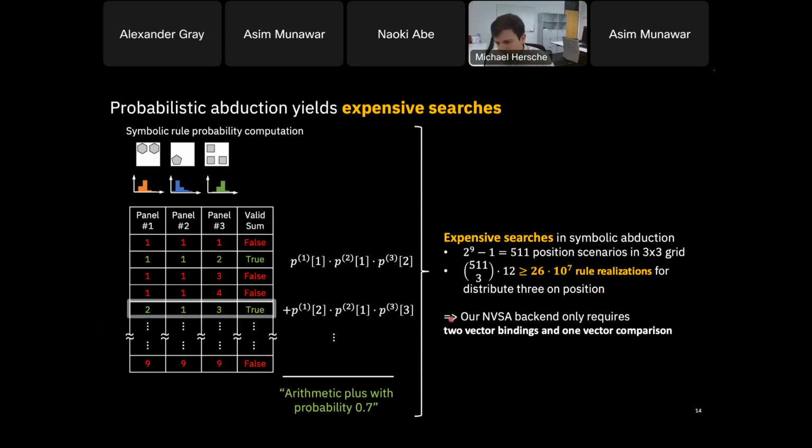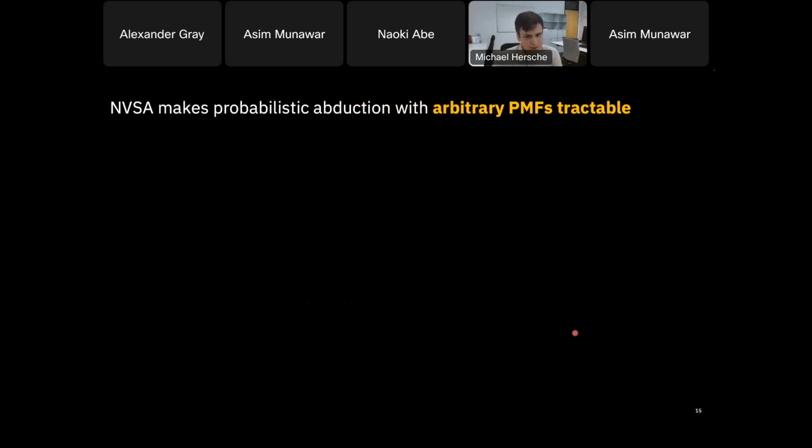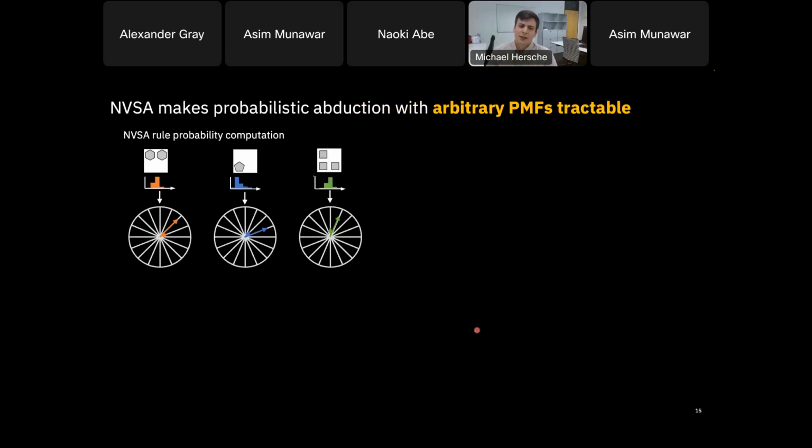With our NVSA backend, we can do the same computation by just doing two vector bindings and one vector comparison. And that's what I'm showing in the next slide. We essentially implement the probabilistic abduction with arbitrary PMFs by doing search in superposition with distributed representations. We map the individual PMFs to a high-dimensional representation.